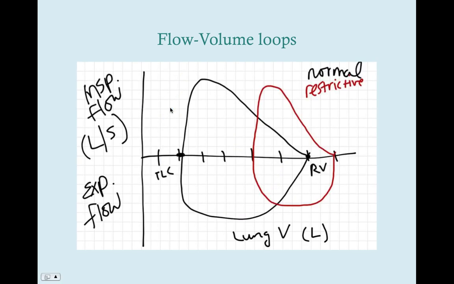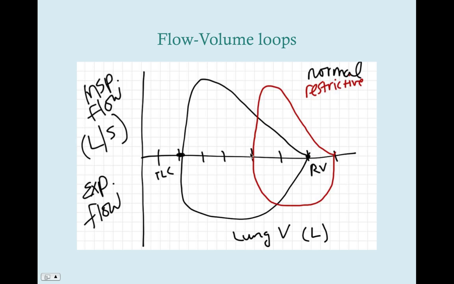Okay, so now with restrictive diseases, it's really the same as normal as far as the rate and everything, but the volumes are less. So you have less of a residual volume. You get the same rate, maybe a little less than normal, but you don't get as much of a total lung capacity because you can't bring as much air into your lungs because they're diseased.